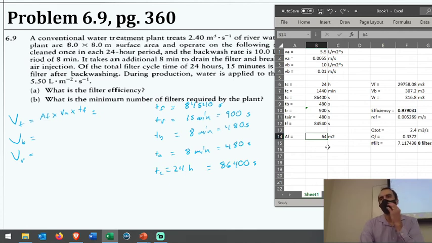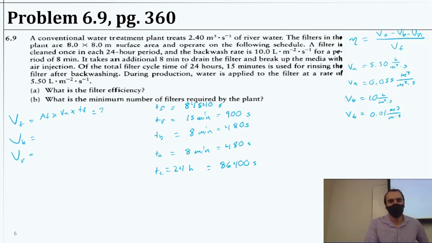So that was 8 by 8. The VA was given. I went ahead and put that here, 0.0055 meters per second. And that time we just solved for. So when we put those together, here we had a volume, 29,758 cubic meters. So we certainly filtered a lot.